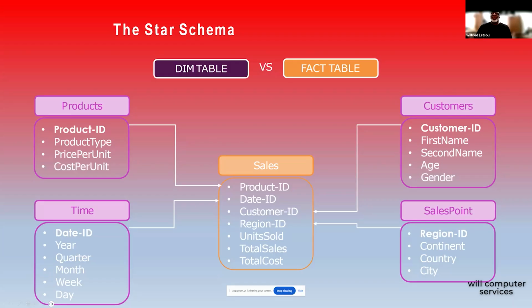Because you can give a report from customer, and now when they come to product, you do it separately. You see that there are two different things here. I was telling you that the fact table always has the primary keys of the others included in it, so they can connect by the keys.